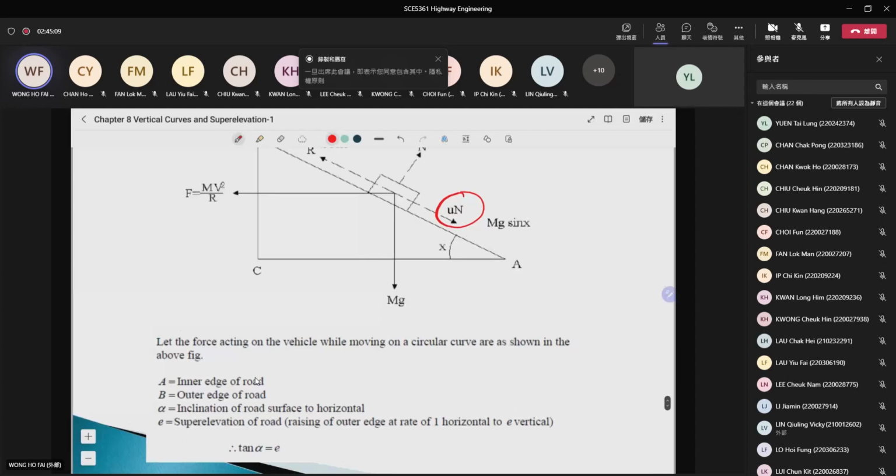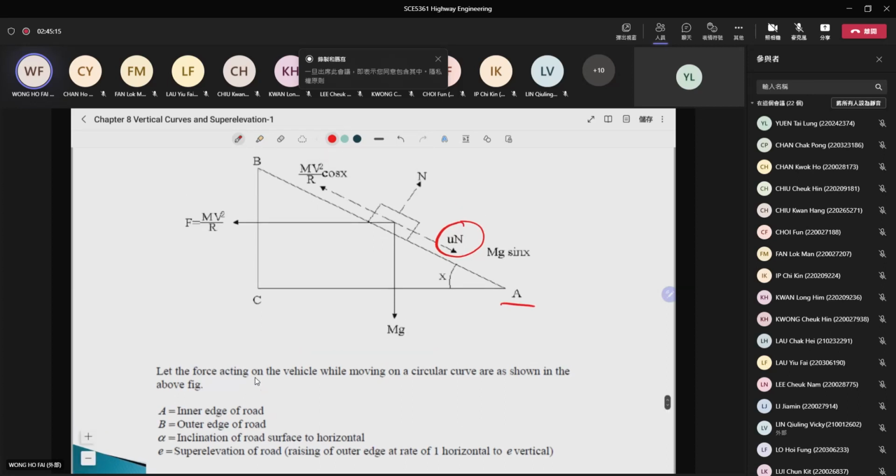And then actually we can express that A is the inner edge of the road, while B we call it the outer edge of the road. Here we call it the inclination of the road surface to horizontal alpha, where alpha is actually this one. It's actually the x.